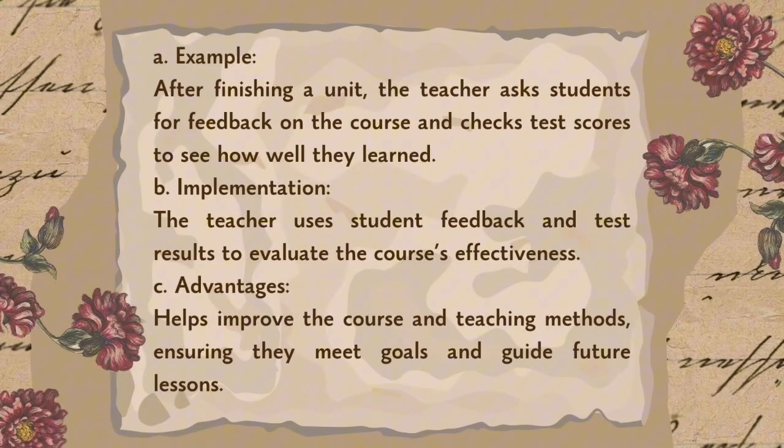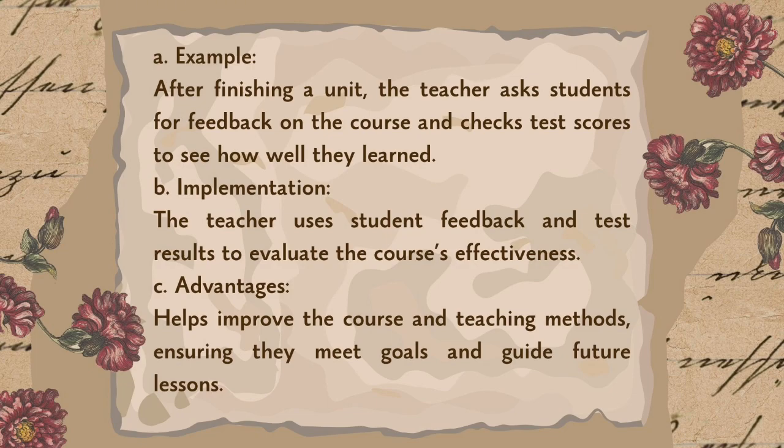For example, after completing a unit, the teacher distributes a feedback form asking students about their satisfaction with the course content and teaching methods. The teacher also reviews the test scores to measure learning outcomes. Implementation: evaluation combines student feedback with measurable data such as test results or the completion of learning activities to assess the effectiveness of the course.